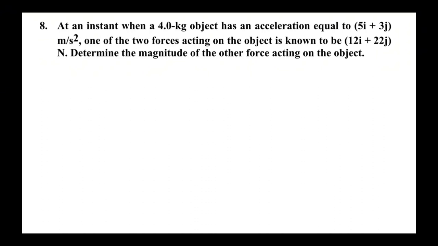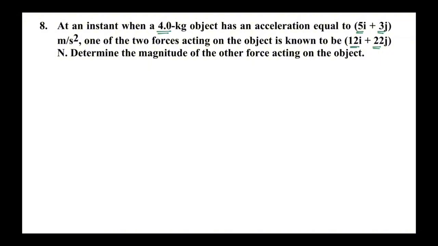Now in this case here, one of the forces we have has two components, one on X and one on Y, and we actually have two accelerations, one on X and one on Y. The mass of the object is 4. We need to calculate the magnitude of the other force.